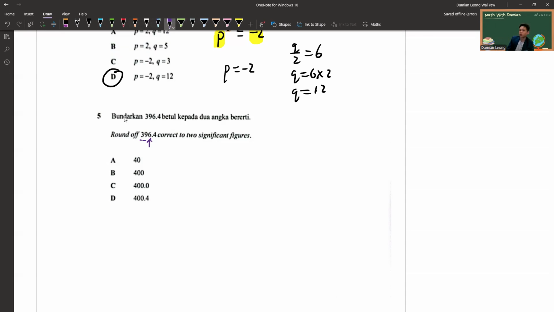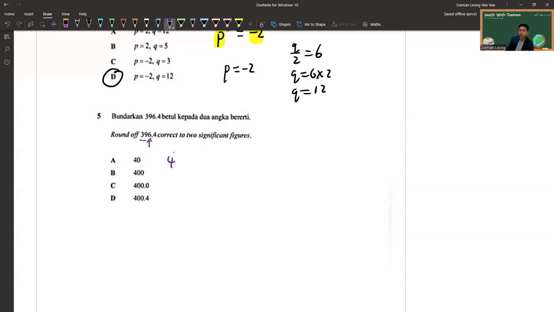We have to keep the 0 here, so it's 400, not just 40, because the 0 has to be there to indicate the place value. So the answer would be B. But the decimal doesn't need to be there because it doesn't affect the place value. So that's question 5.